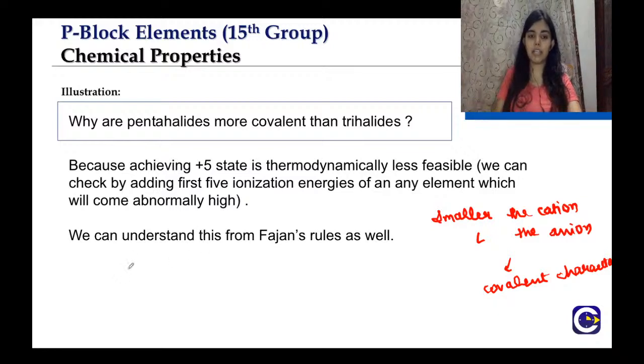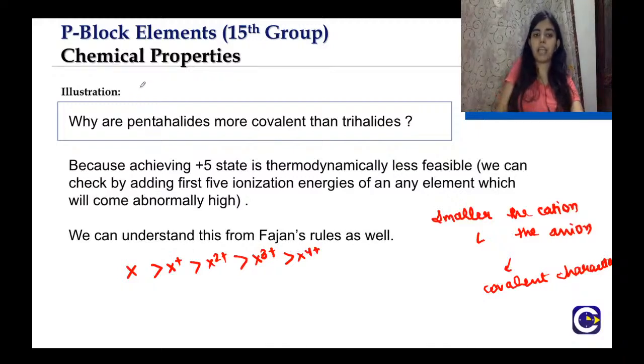For example, let us say there is an element X. So X+ will be smaller than X, X2+ will be smaller than that, X3+ will be smaller than those, X4+ will be smaller than those, right? So what does this mean? In phosphorus halides, let us say PCl5 and PCl3, the oxidation state of phosphorus in PCl5 is +5, right? And in PCl3 the oxidation state of phosphorus is +3. So phosphorus +5 will be smaller than phosphorus +3.